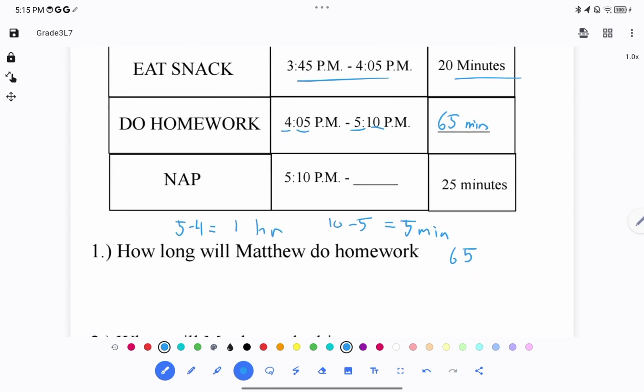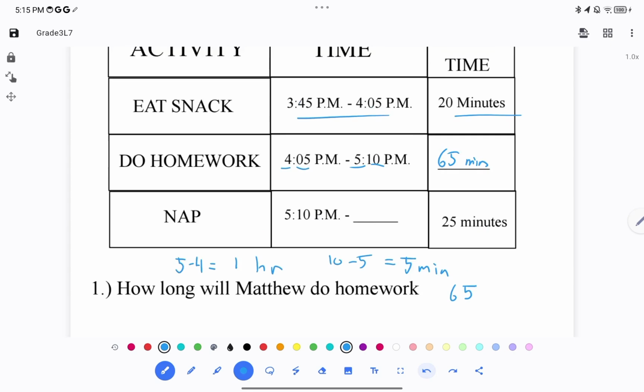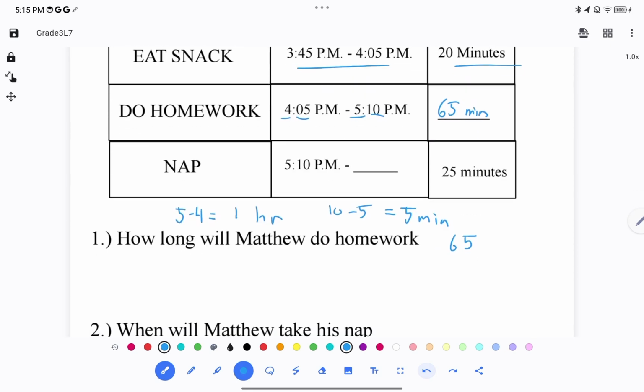Okay, nap. 5:10 p.m. for 25 minutes. Here's what you do: 5:10 plus 25 is 5:35 p.m. So that's the end of the nap.